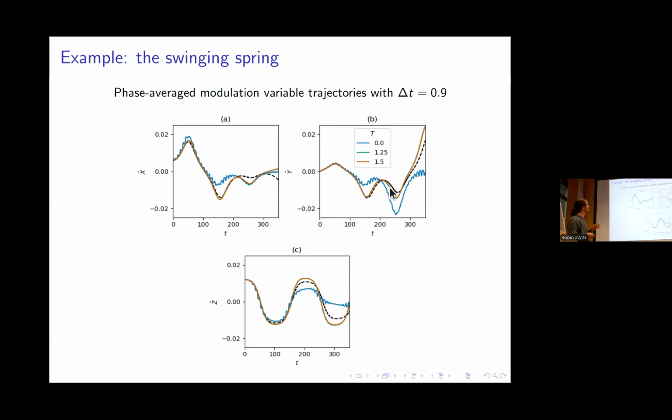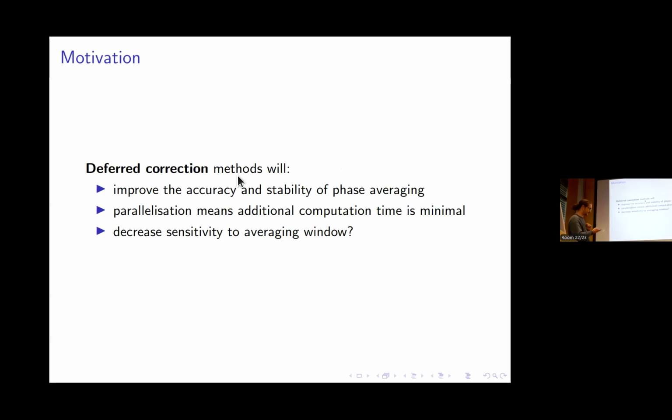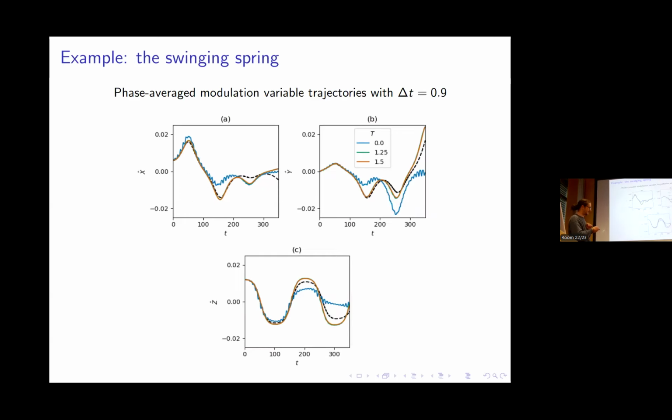And you can see that there are oscillations in the approximate solution that aren't in the actual solution. And it's very unstable. All three of the variables move quite quickly away from the truth solution, this black line.